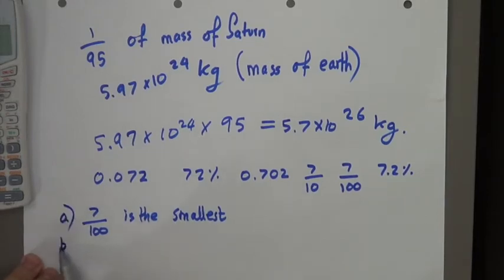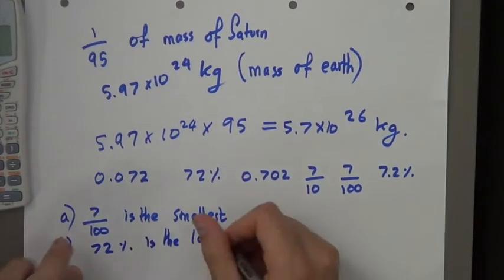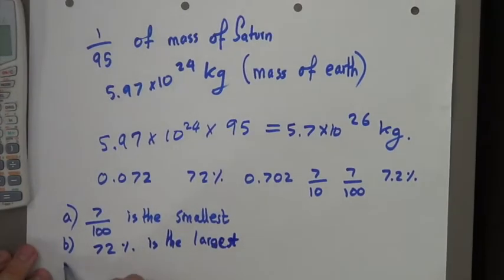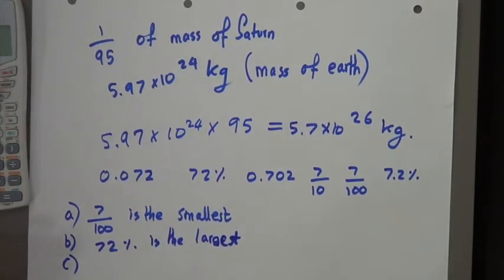Right, so that's A. The largest. So the largest in this case would be this one, because this is 0.72 as a decimal. So this is the largest. And lastly, it says the two which are equal.